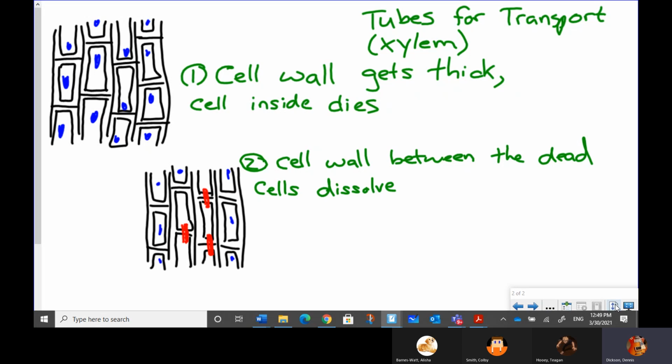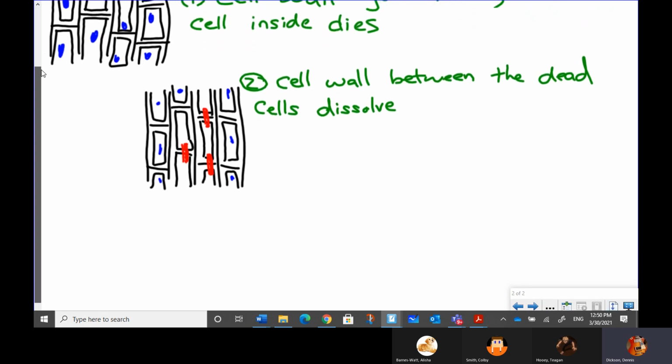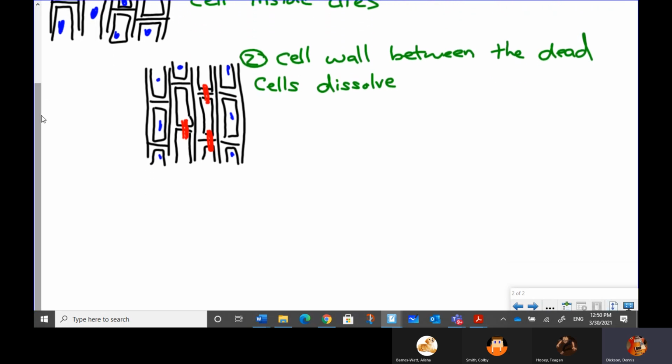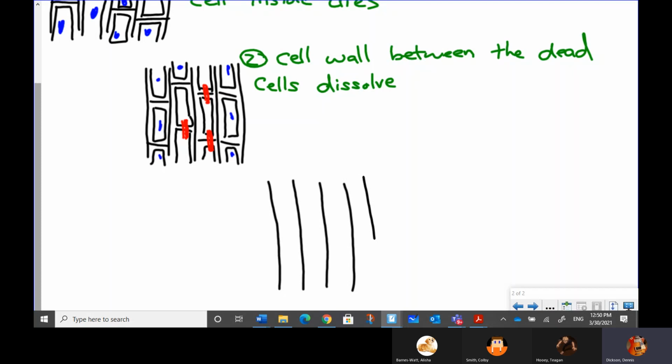And then all that really happens in your third and final picture is you end up with, I guess I should keep the pattern going, these long tubes.